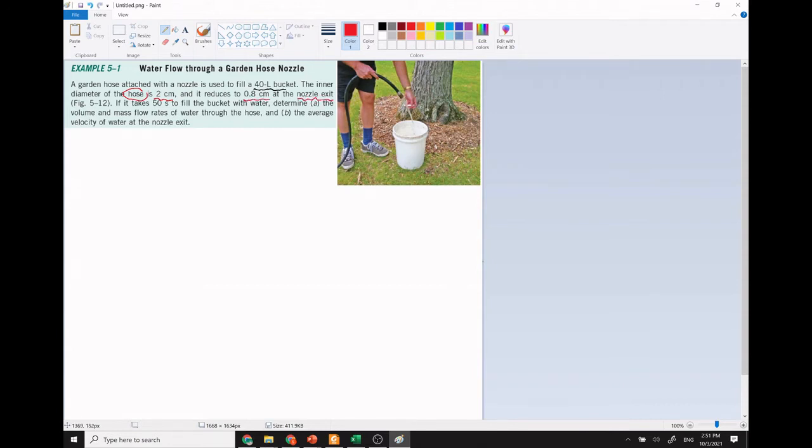The tip here is 0.8 centimeter diameter. If it takes 50 seconds to fill up the bucket with water, this bucket takes 50 seconds to fill up.